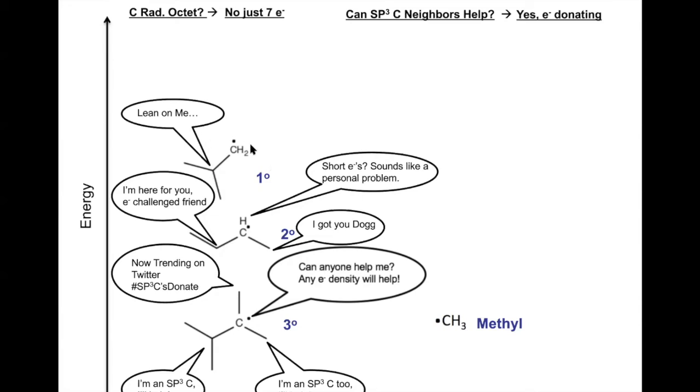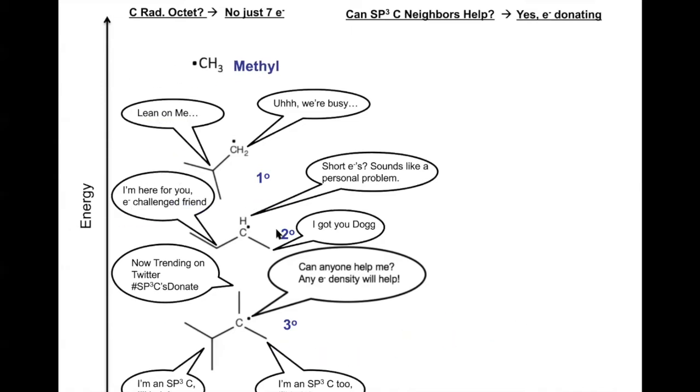So yeah, it's gonna donate in. But what about the hydrogens here? Will they help? We're busy. No, they're not helping. So it's only got 1 neighbor helping out. That's why it's higher in energy. And then the methyl obviously would be the highest in energy because are the hydrogens helping out? No, they're not helping at all. So that's going to be the highest energy radical to form.